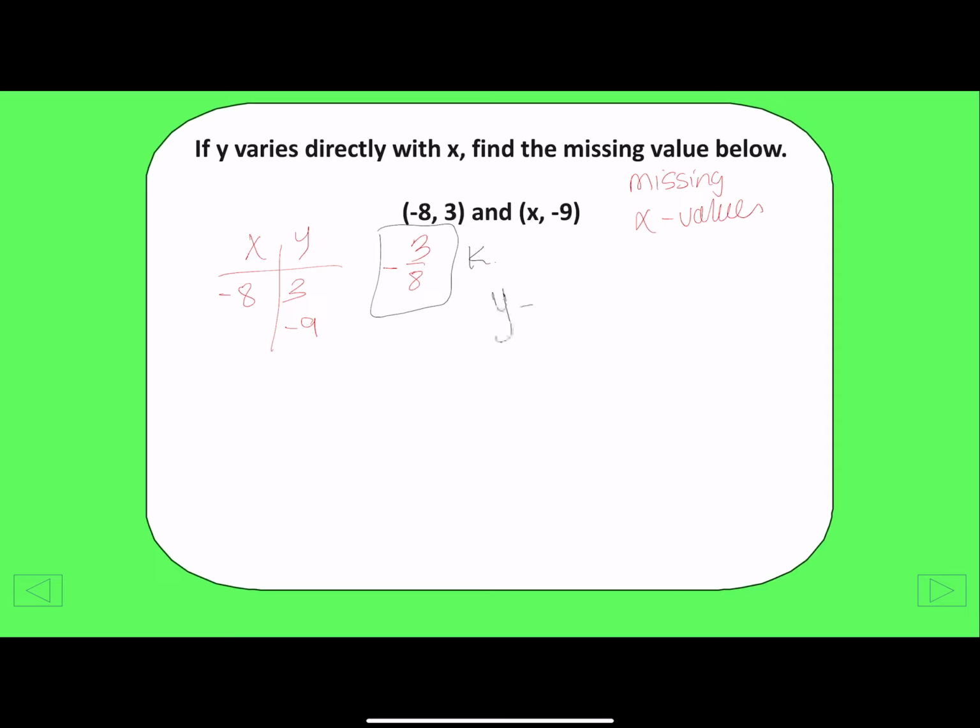So now this right here can be our k value, okay? So now what we need to do is say y equals -3/8 of x, okay? I have a -9 as a y value. So instead of saying y equals, I'm going to say -9 equals, okay?